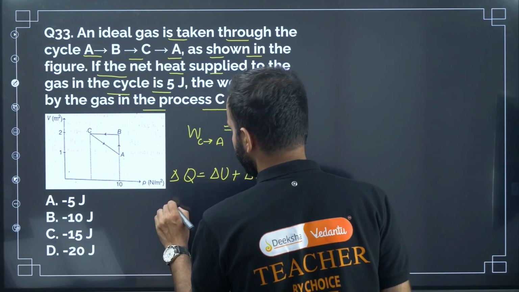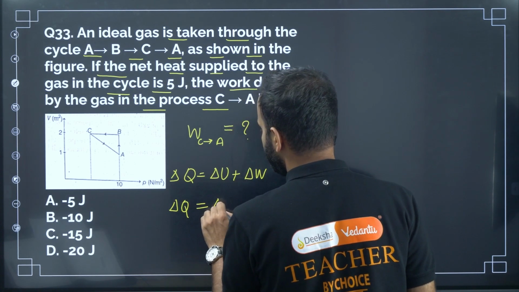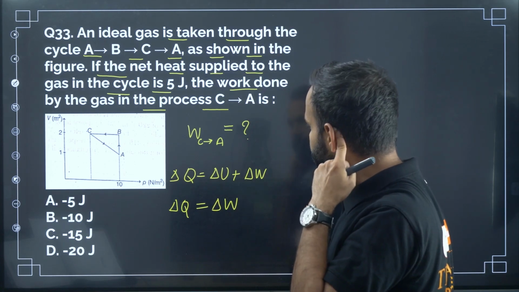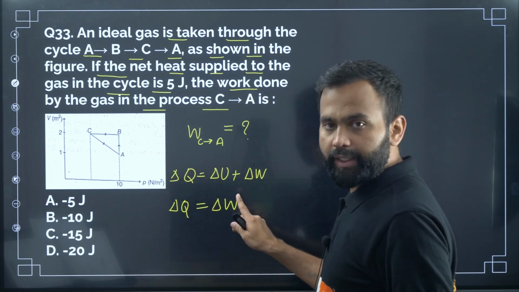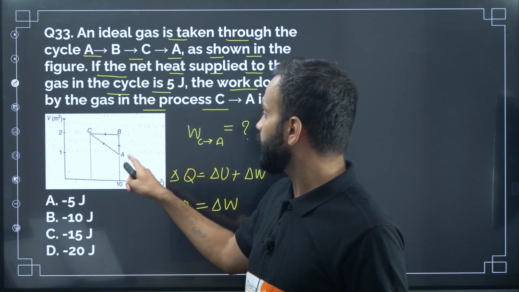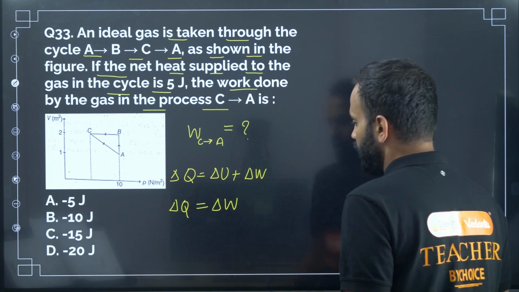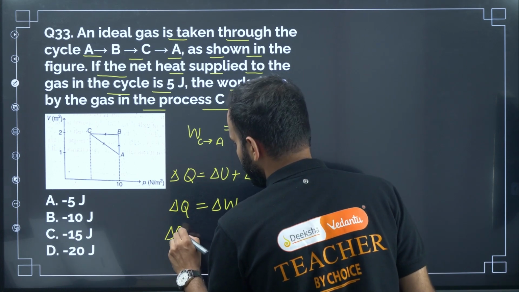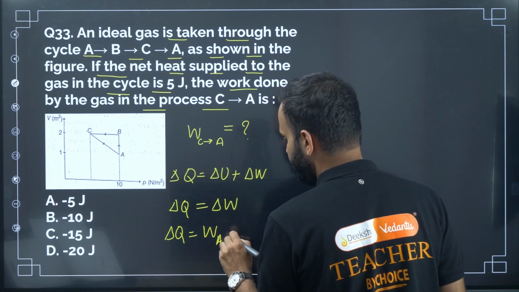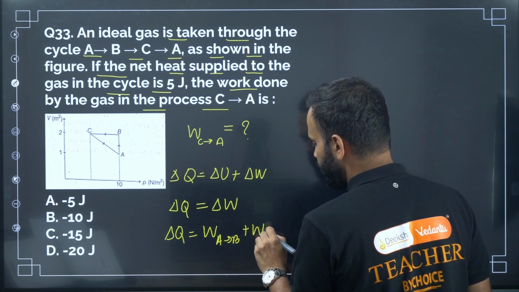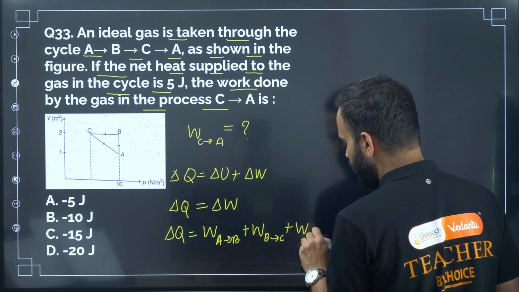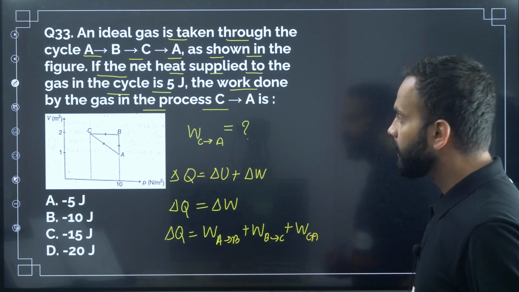So now delta Q is equal to delta W. Now let us find delta W, that is the work done by the gas from A to B, B to C, and C to A. We need to find W CA.